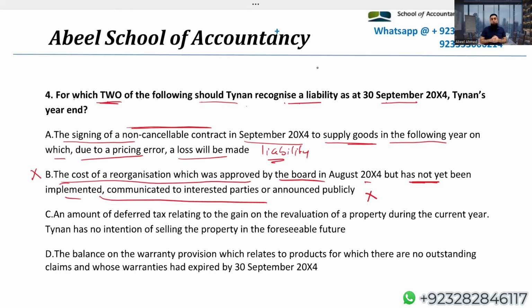If there's a detailed formal plan approved by the BOD, but the company did not announce it to anyone, but they have started implementing the plan, actually, if you start implementing the plan, it is technically a sort of communication. Still, you can make the provision.